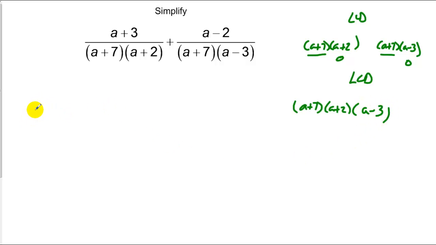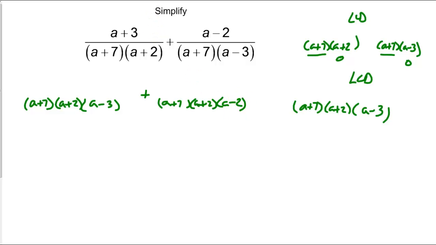And once again, I'll re-represent that 2 times, once for each term. So a plus 7, a plus 2, a minus 3, a plus 7, a plus 2, and a minus 3.